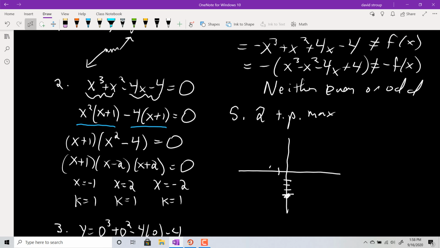X-intercepts at negative 2, positive 2, and negative 1. End behavior, so it's coming up like this, and then it's going to end up going up like this, and it's going through each intercept to the other side. So it goes through, and it goes down here and hits negative 4, and then it's going to go back up through like that.